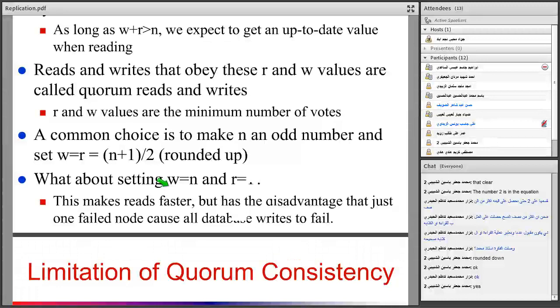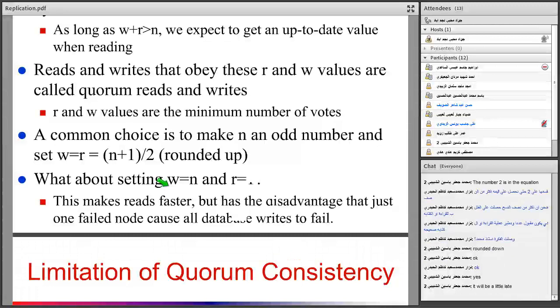Because this is a network, and in many cases the connection is cut off, or sometimes a machine can be down. One machine can be down, and in this state we need the confirmation from all replicas. So this is a hard limitation.